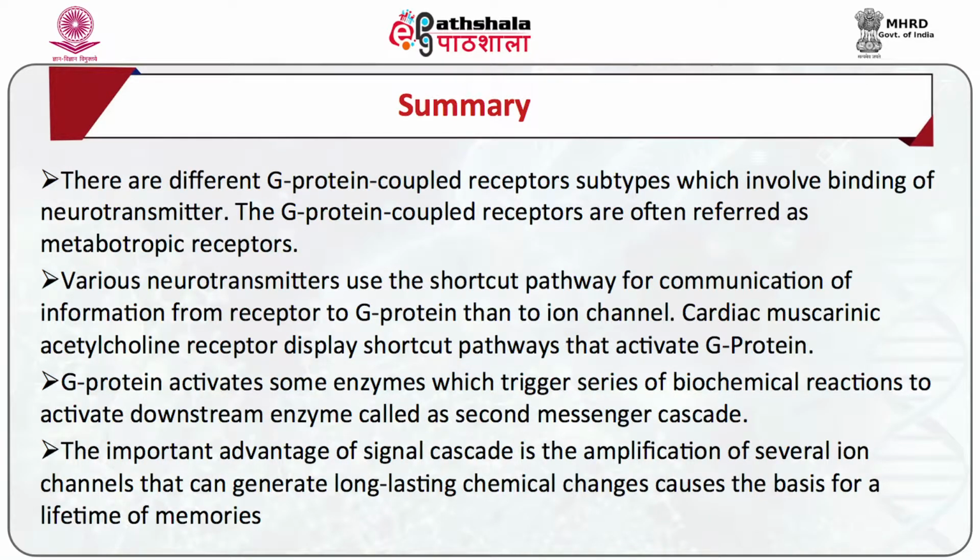There are different G protein coupled receptor subtypes which involve binding of neurotransmitter. The G protein coupled receptors are often referred to as metabotropic receptors. Various neurotransmitters use the shortcut pathway for communication of information from receptor to G protein, then to ion channels. The cardiac muscarinic acetylcholine receptor displays a shortcut pathway that activates G protein.